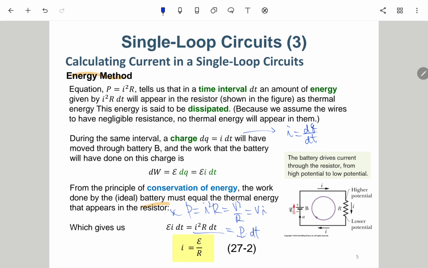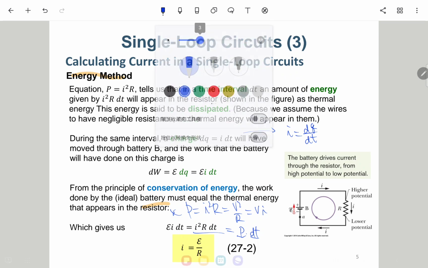As long as P is a constant, times dt gives the energy consumed by the resistor as heat. On the left side, dW equals E I dt.